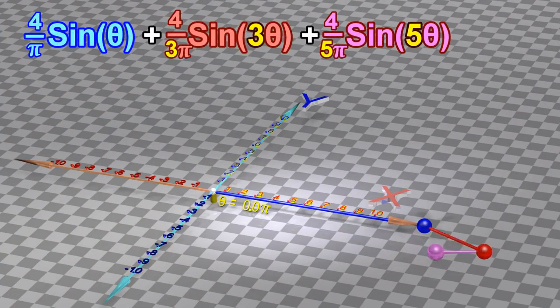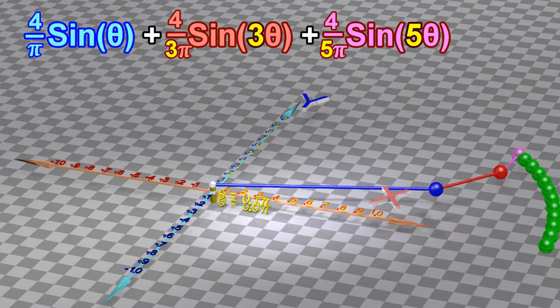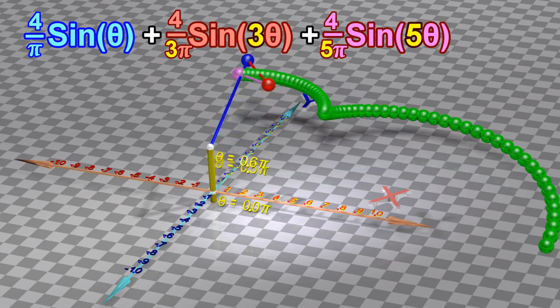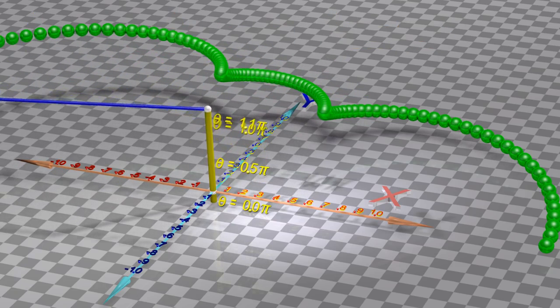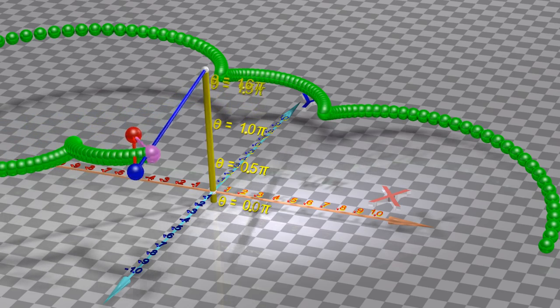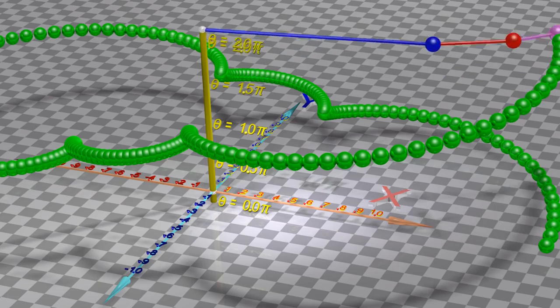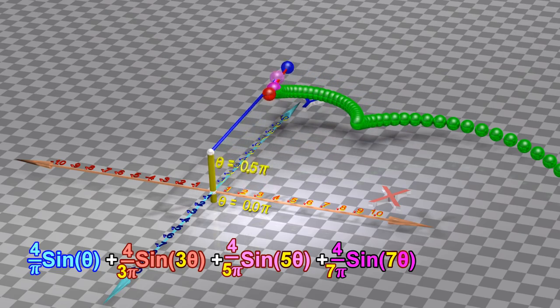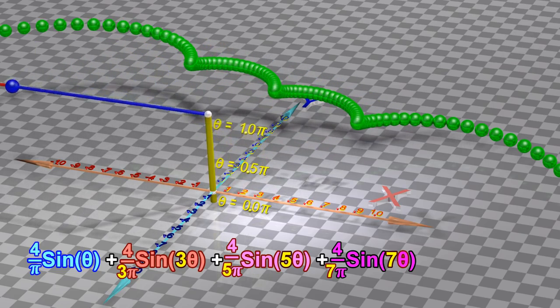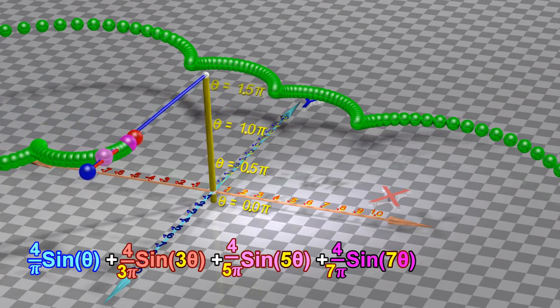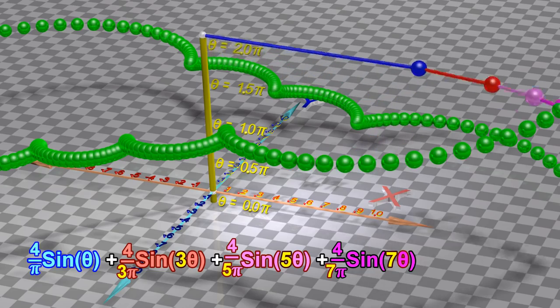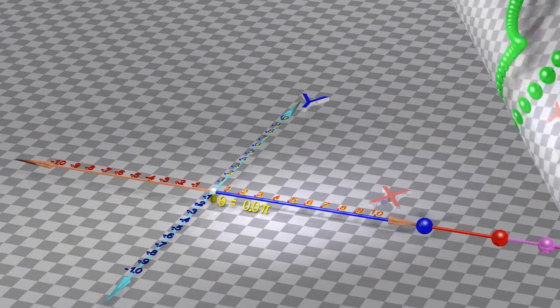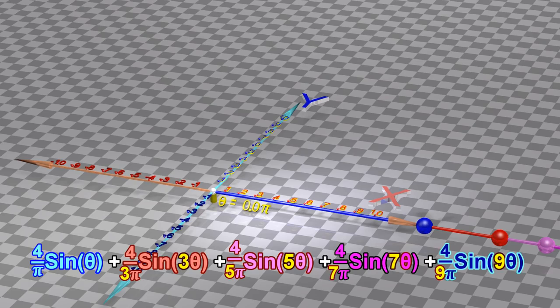We can add together 3 sine waves. We can add together 4 sine waves. We can add together 5 sine waves.